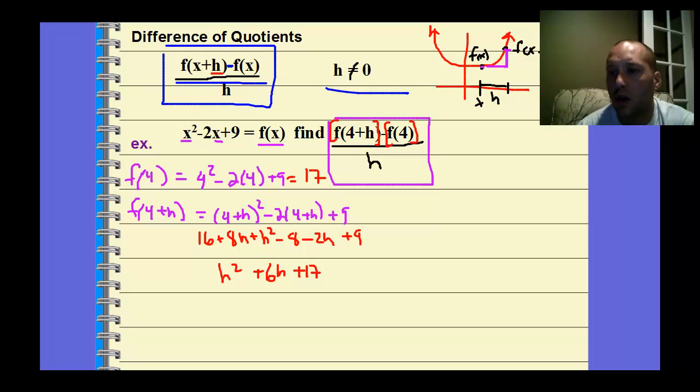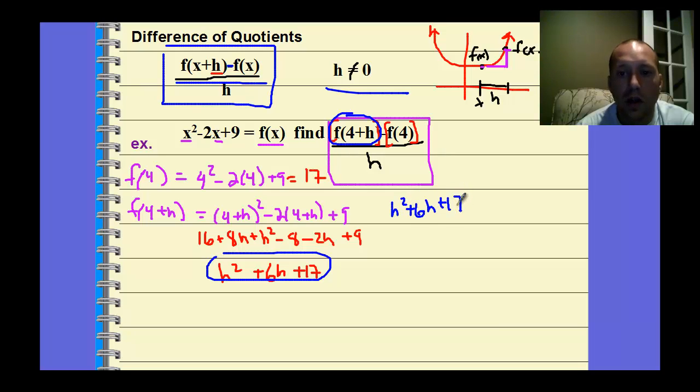Now let's plug them into our difference of quotient. So the first one, f of 4 plus h, is this quantity right here. So I'm going to take that quantity, and then with that I'm going to subtract the f of 4. So subtract, and make sure you always put parentheses around this. F of 4 is 17. And that whole thing is divided by h.